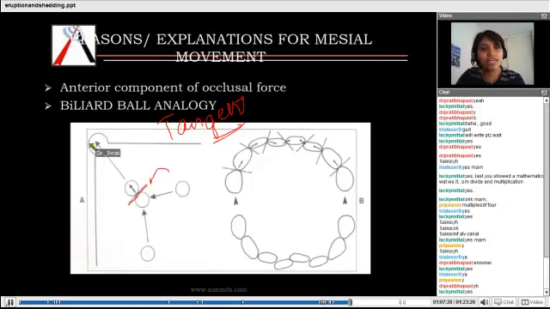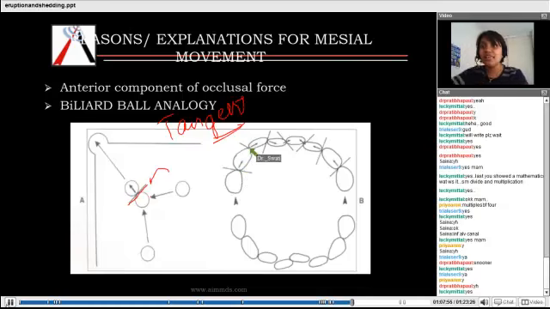Now if we hit this second ball from anywhere, this ball will go inside this. This is a very important trick. This is called the billiard ball analogy. The same thing happens with teeth. Now you look at these teeth, they are like balls. They have a common tangent. Now you hit this ball from anywhere, the force will be only towards this direction.